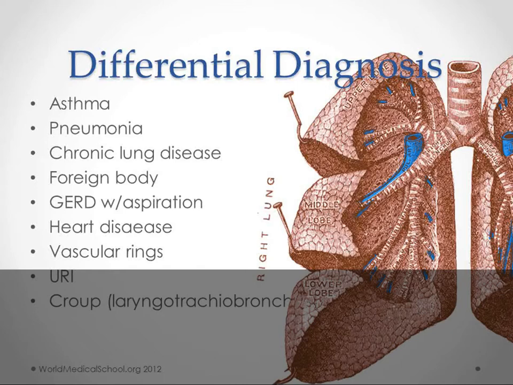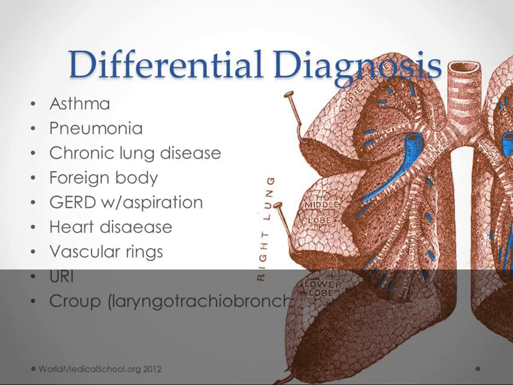So if you're good with the stethoscope, you probably can tell the difference between a pneumonia and bronchiolitis. Also with pneumonia, we tend to have more obvious signs on radiograph, which we'll talk about in a second.